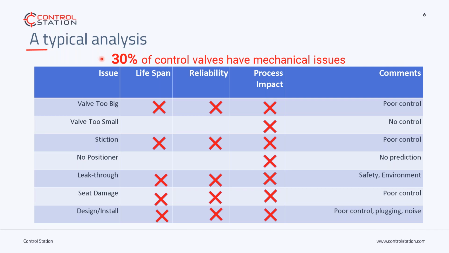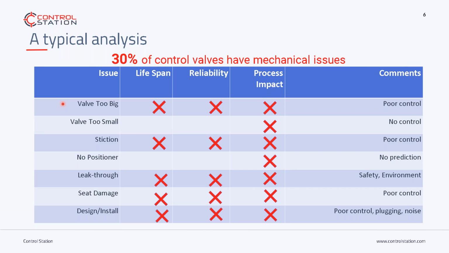You have valve sizing issues, valve too big, valve too small. If the valve's too big or too small, you're going to have a process impact. You're going to have a valve that's not in its optimum control range. And when the valve is not in its optimum control range, your control strategy for that loop is going to be compromised.